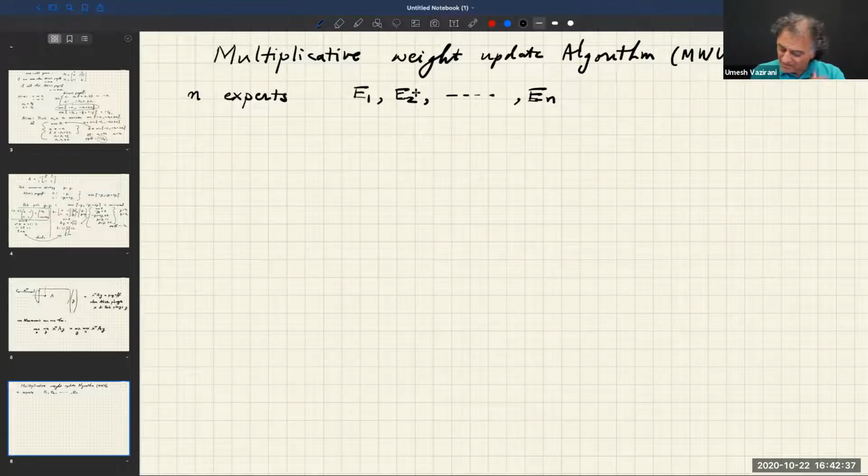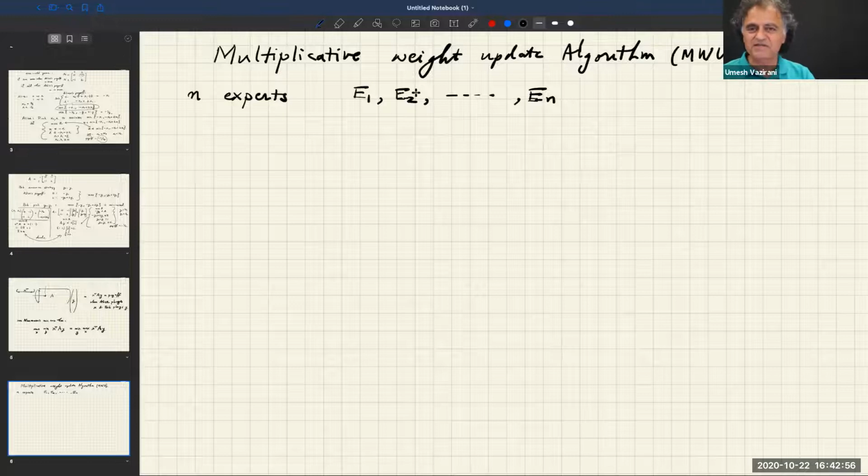In the literature, it's conventional to think, instead of the gain you make every day, about the loss you make every day. Maybe because we are pessimistic about the stock market or betting on it. I'm not sure why, but okay. You can write everything in terms of gains, but we'll write them in terms of losses.